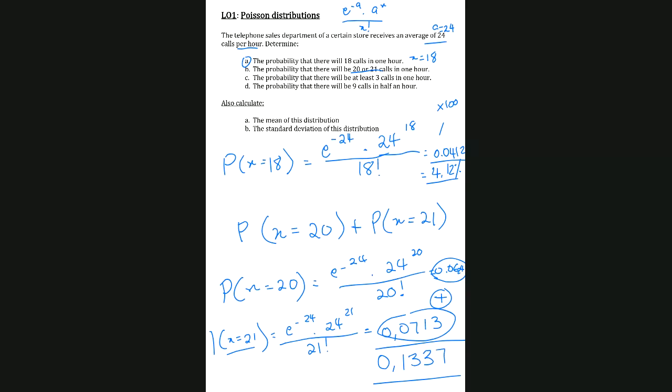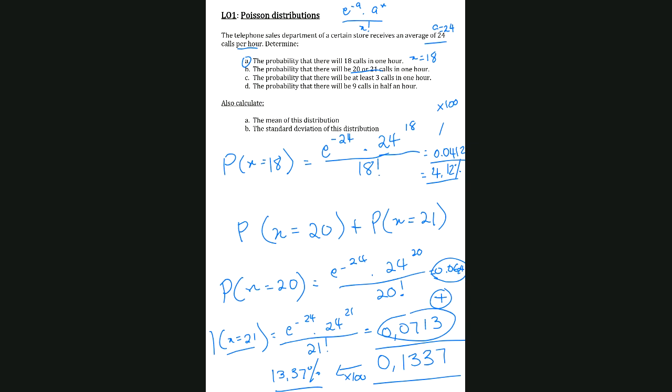You're going to take this, add it to that, and then your final answer would be 0.1337. If they require it as a percentage, you'll multiply this by 100, which would be 13.37%. So if you recall, as I said to you when we looked at the binomial distributions, if you are required to interpret these values, you would just look at the question and manipulate the words that go into it so that you can have a closing statement.